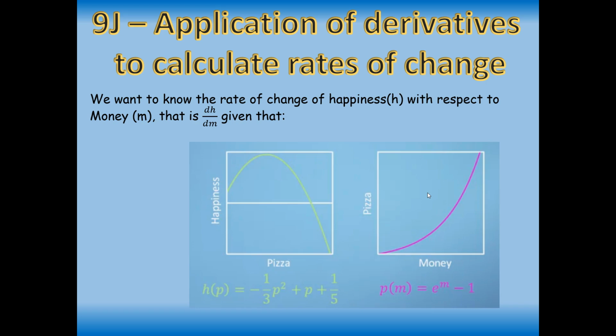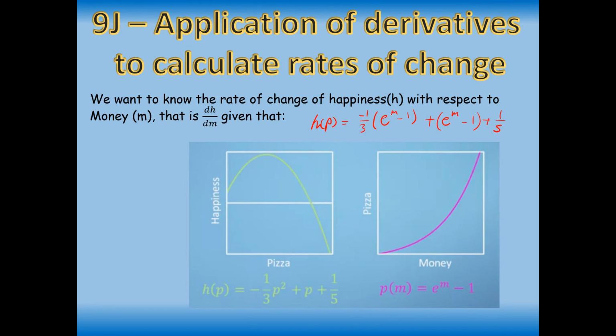So there are two ways to go about this problem. One way is, everywhere we see this p here, we can substitute this e to the power of m. Let me use my pen here to show you that here we could say h of p could be written as t to the third multiplied by e to the power of m minus 1 and p plus another e to the power of m minus 1 plus a fifth, 1/5.